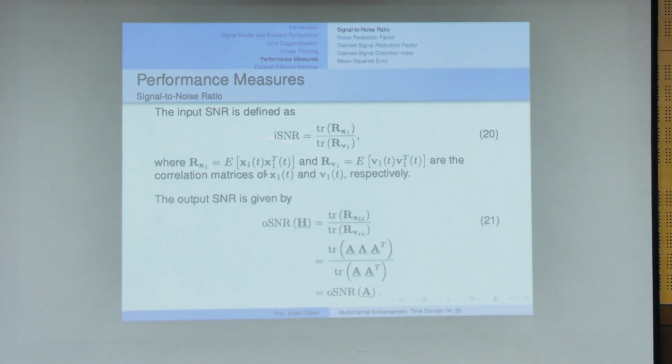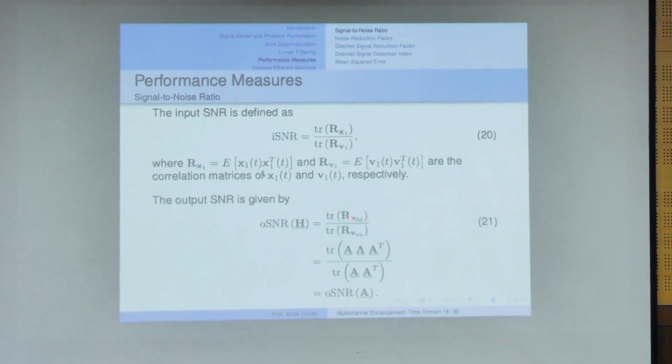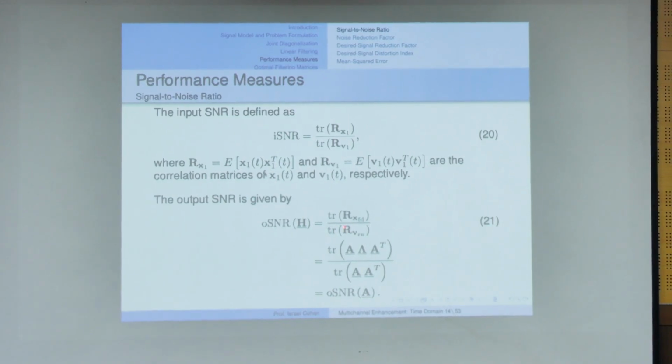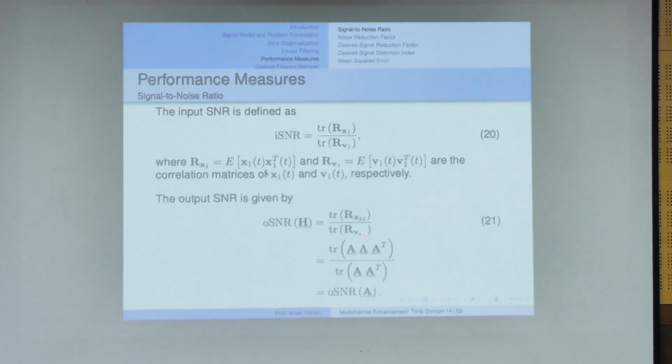So here, this is the input SNR in the reference sensor, which we denote as sensor number 1. And this is the output SNR, which is the signal to noise ratio at the output after the matrix filtering, which is the trace of Rx filter desired divided by the trace of the residual noise.